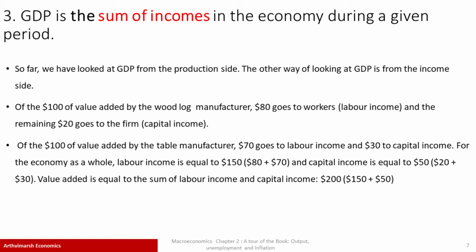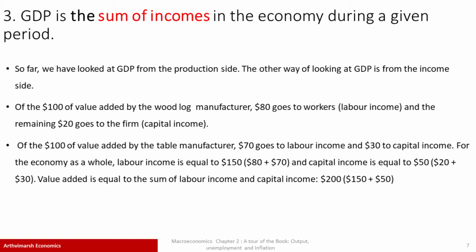Of the $100 of value added by the woodlog manufacturing company, $80 were going to the workers, that was labor income, and the remaining $20 were coming as capital income to the woodlog company. Of the $100 value being added by the table manufacturing company, the furniture company, $70 were going to labor as income and $30 were coming as profit income to that company.